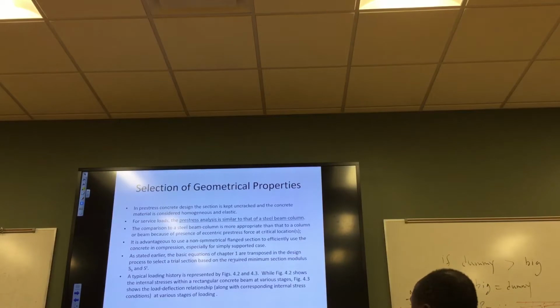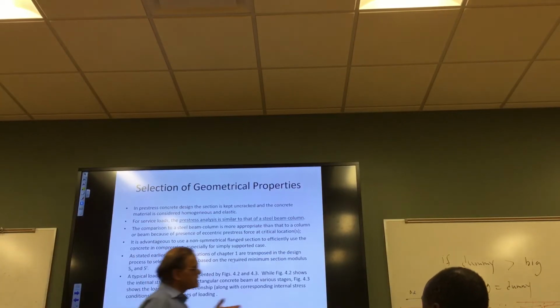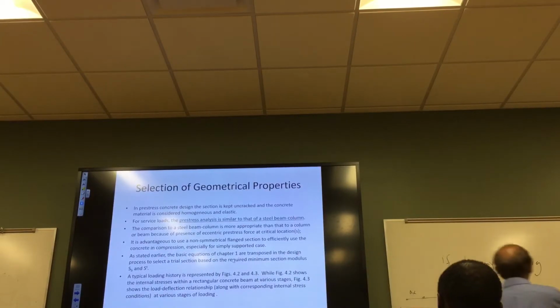The comparison to a steel beam column is more appropriate than that of the column or beam because of what we just discussed. It is advantageous to use a non-symmetrical flange section to efficiently use the concrete in compression, especially for the simply supported case. So why do we want to use a non-symmetrical section? Like this is a non-symmetrical section, right?